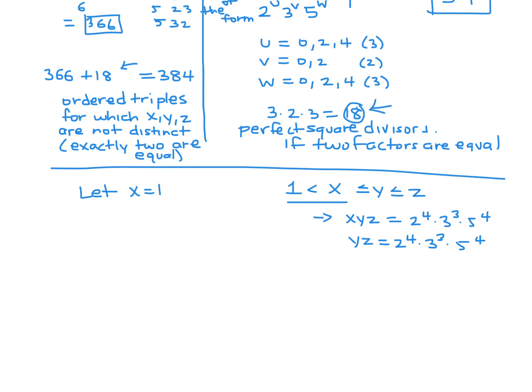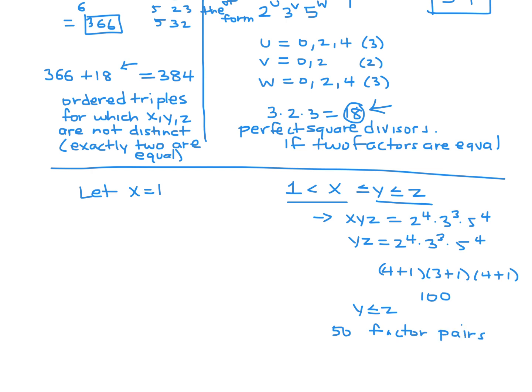And in terms of the number of divisors, it would be 4 plus 1 times 3 plus 1 times 4 plus 1, which is 5 times 4 times 5, right? So that's 100. So 100 of those guys. But y has to be less than or equal to z. So there'd be 50 factor pairs.